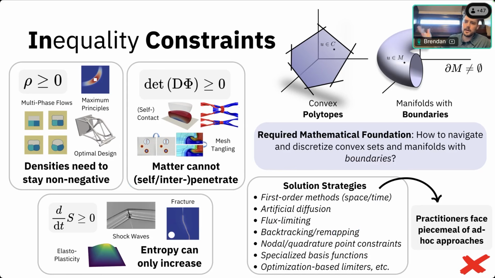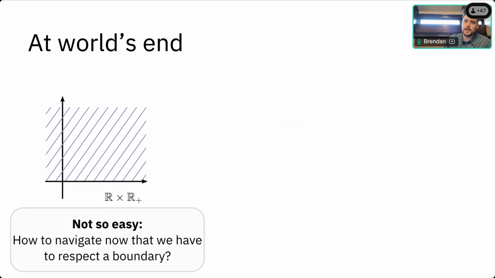And there are no unifying principles, no unified framework to deal with all these different types of constraints. And that's what this talk is about, an attempt to put together a unified framework where we can systematically handle constraints of all of these different types across scientific computing.